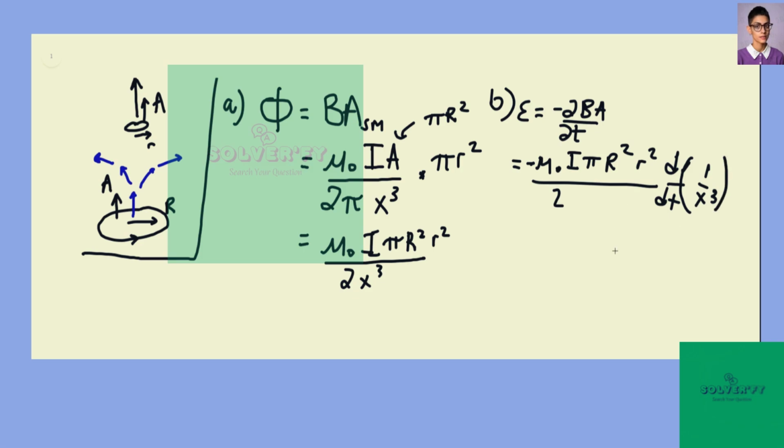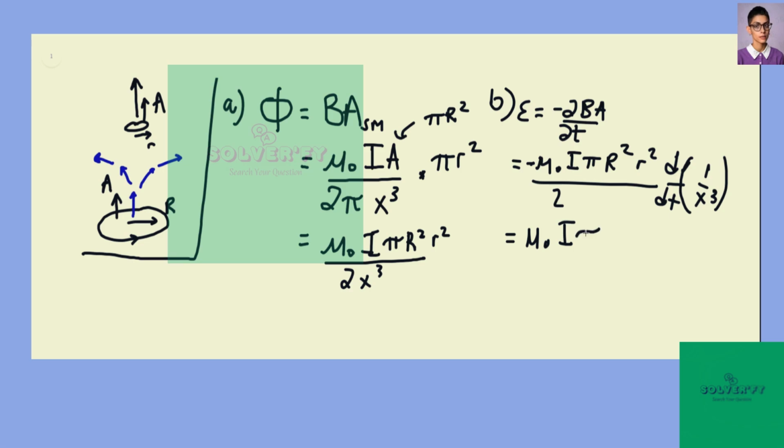By the chain rule, you can take the derivative of this with respect to x and then multiply by dx dt, which is the velocity. Taking the derivative of 1 over x cubed is minus 3 times x to the minus 4th. And so that's what you want to do to get your final answer.